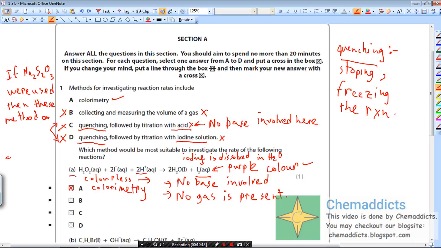Since we didn't use sodium thiosulfate, that's why C and D are invalid.